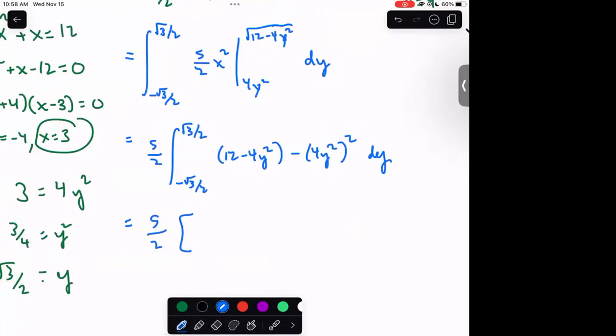Now we need to integrate one more time. Let's see, 4 squared is going to be 16. And y squared squared is going to be y to the 4th. So when I integrate that, that's going to become y to the 5th. So I need to divide by 5.